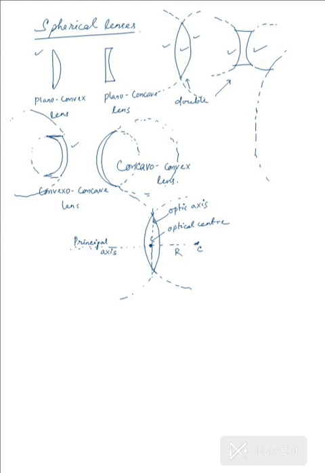Then next we consider the case of principal focus. Now the principal focus, in case of a convex and a concave lens, lies along the principal axis, just like in the case of mirrors, spherical mirrors.